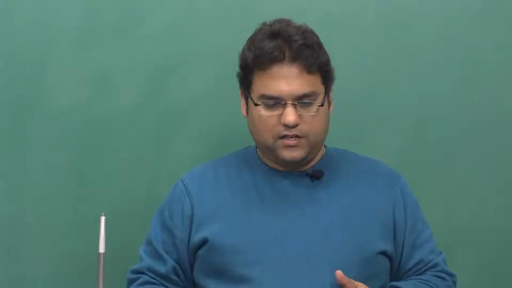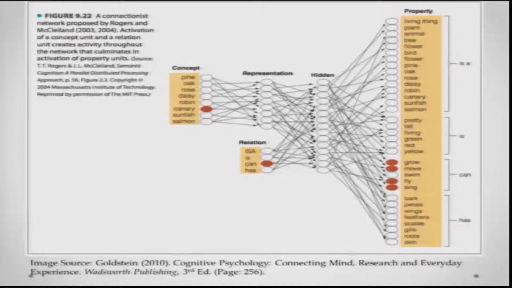You can see here, this is an example of a connectionist network, and there are concepts, there are representations.